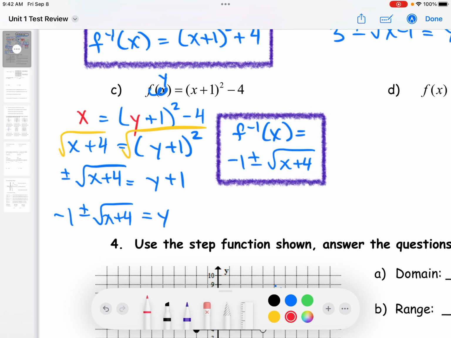And again, we have a quadratic to begin with, so we will need to restrict. Our vertex here is negative 1, negative 4. Remember, yes, that x feels like an opposite sign. That y coordinate does not. So our restriction here is from that x coordinate of the vertex, negative 1, to infinity.